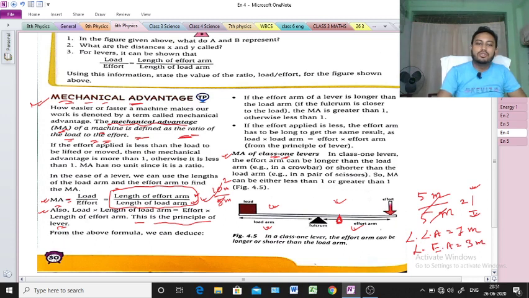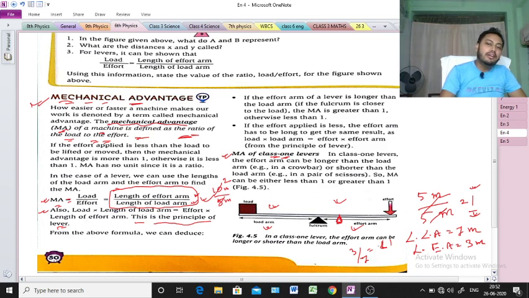Clear? So effort arm by load arm, that means 3 by 7. So what will be the value? 3 by 7, that is less than 1. Less than 1, you can understand.